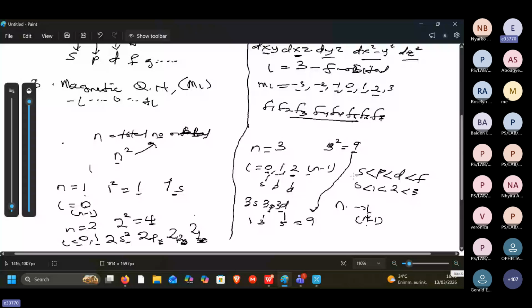For example, if N equals 2, and then they write that L equals 2, this is forbidden. In quantum chemistry, this is not allowed. In other words, you want to say that we should have 2D. It's forbidden. There's no way the electron can change to that higher orbital. So we say that it is electronically forbidden.